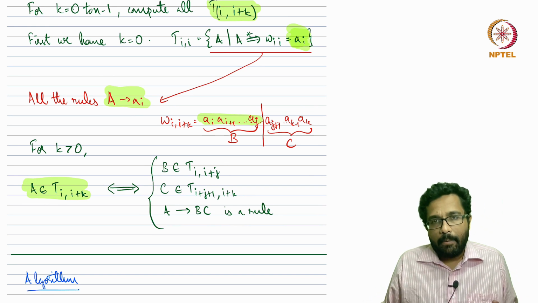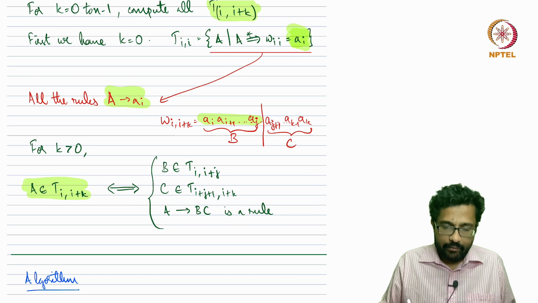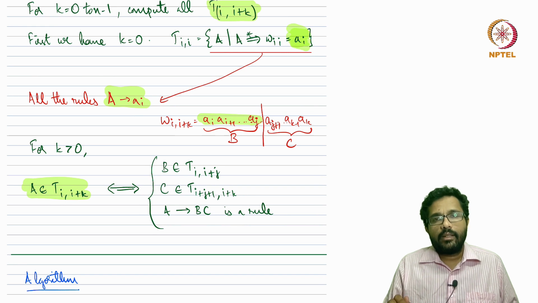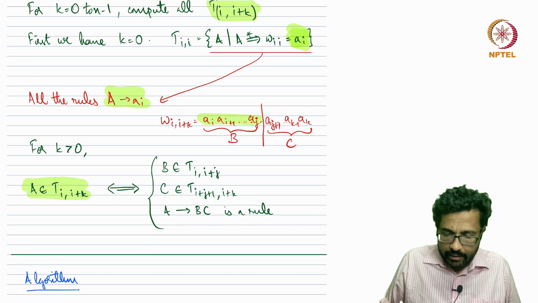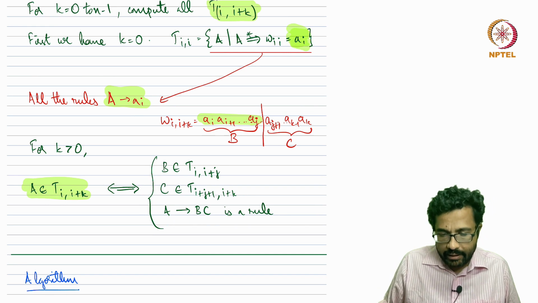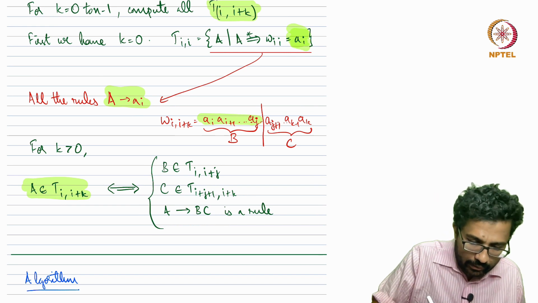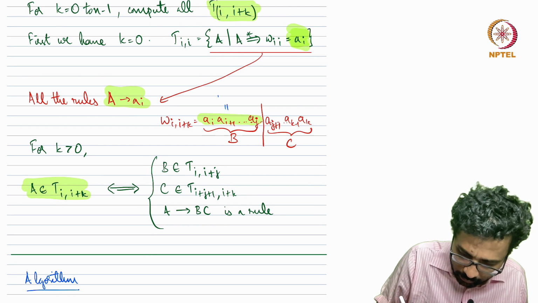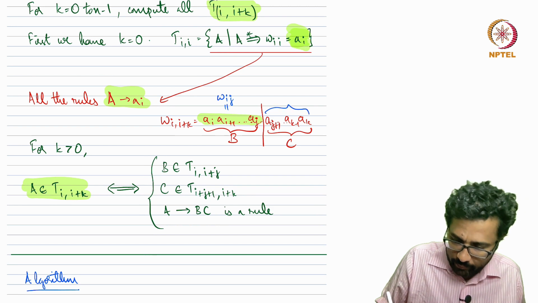So when can A generate the substring W i to i plus k? That happens when A gives BC is a rule, which is what I have written here, and B generates the string A i to A j. So what is A i to A j? A i to A j is nothing but this, which is equal to W i j, and A j plus 1 to A k.